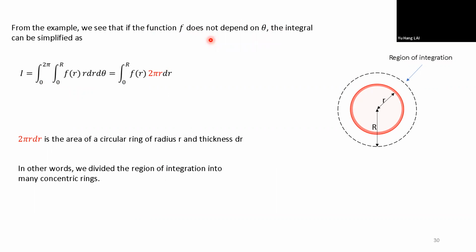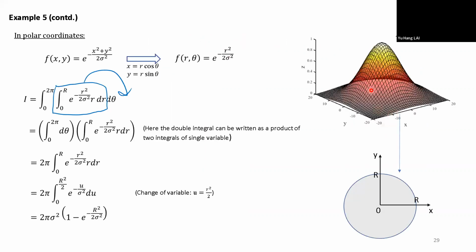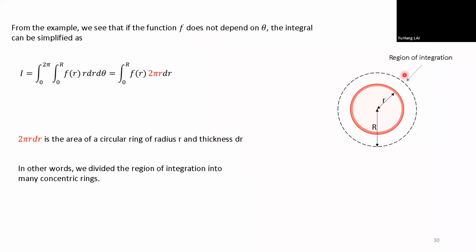So this system has cylindrical symmetry. That means the fact that it does not depend on theta means that even if you rotate the whole thing by any degree, the function looks the same. So that's why this function does not depend on theta.